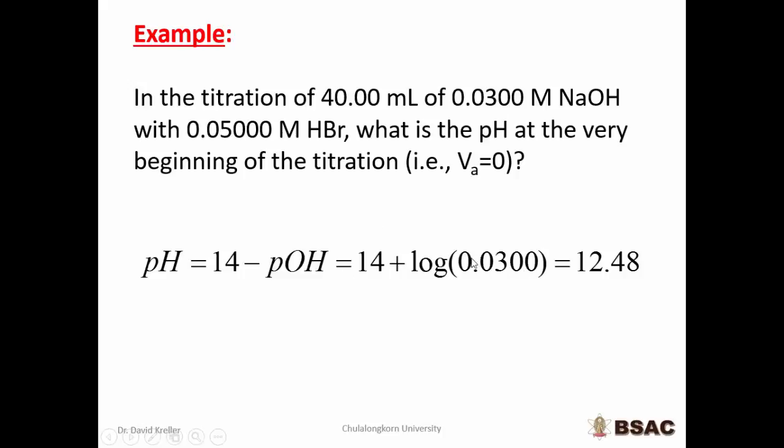So take that concentration, 0.0300 moles per liter, take the negative log of that, but that will give us a pOH. And to calculate pH from that, it's just 14 minus pOH, or 14 plus the log of that number. It's just 12.48.